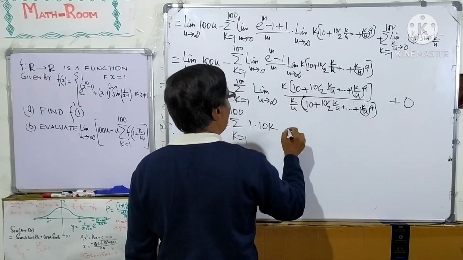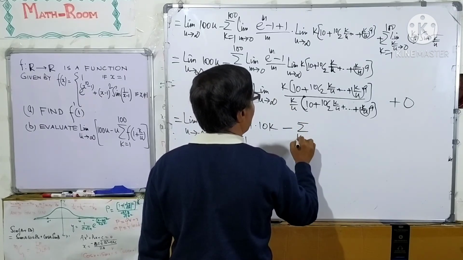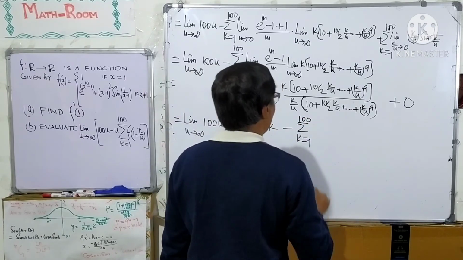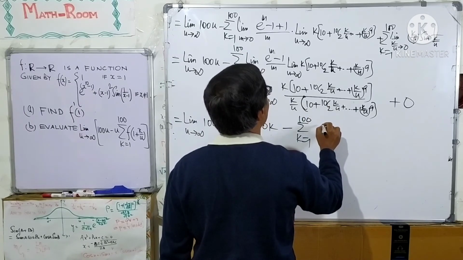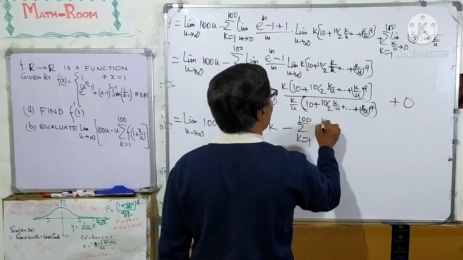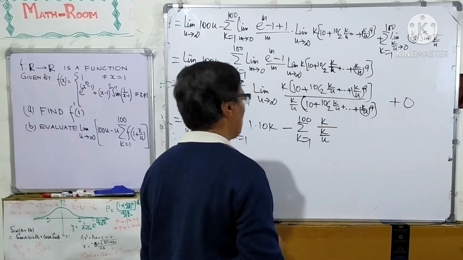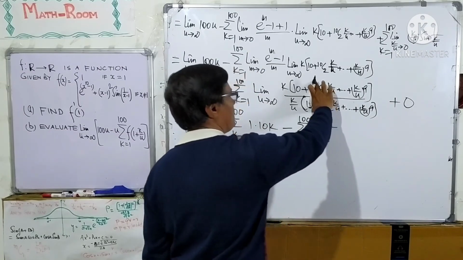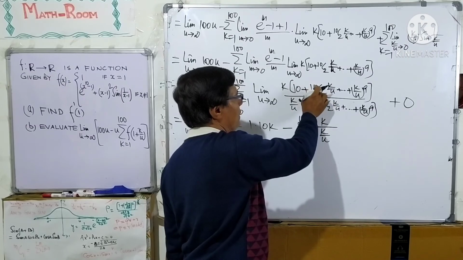and also minus the summation k equals 1 to 100, this is also k over u plus 0, that is, this term is cancelled out, this is non-zero, this is a finite quantity.